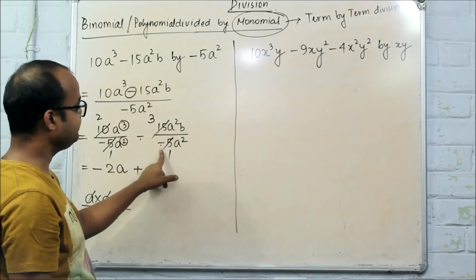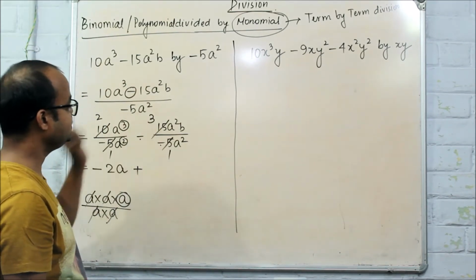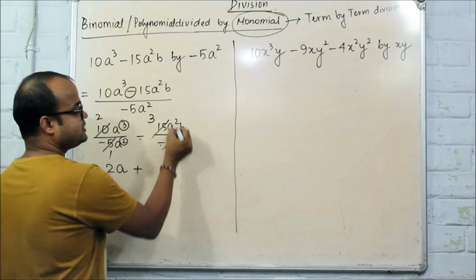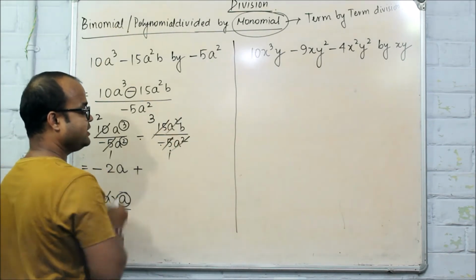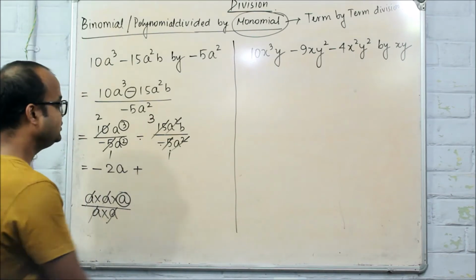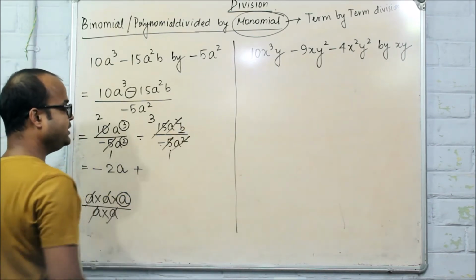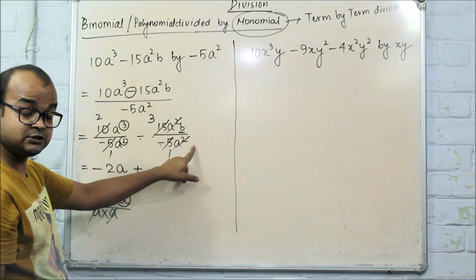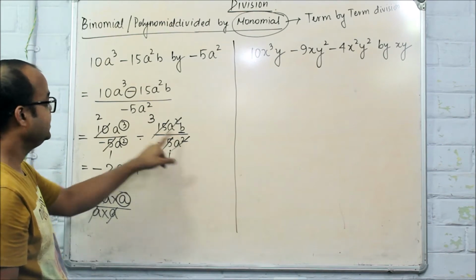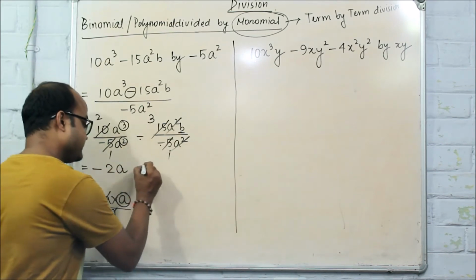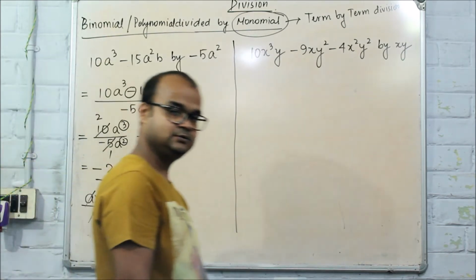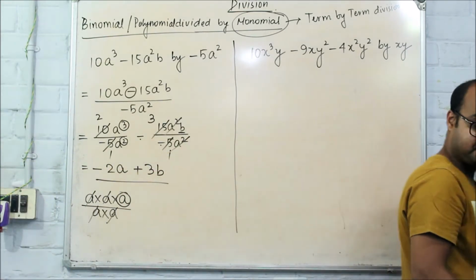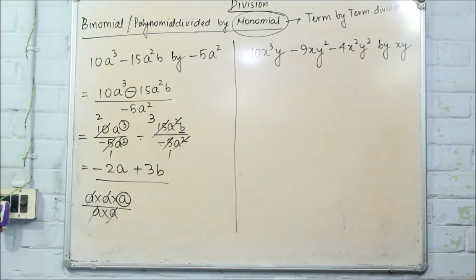So I am cancelling with 5: 5 ones are 5, 5 threes are 15. A square same, so cancel. The only term left is b because the denominator doesn't contain any term b. So 3 into b. Clear?